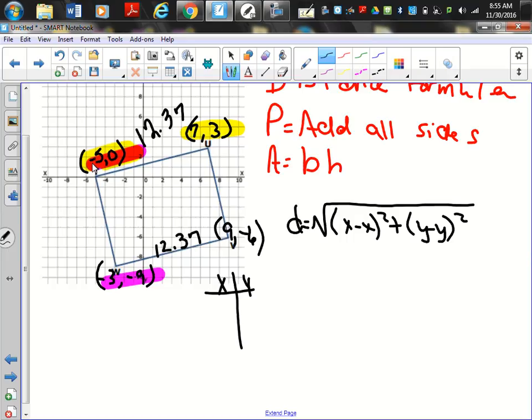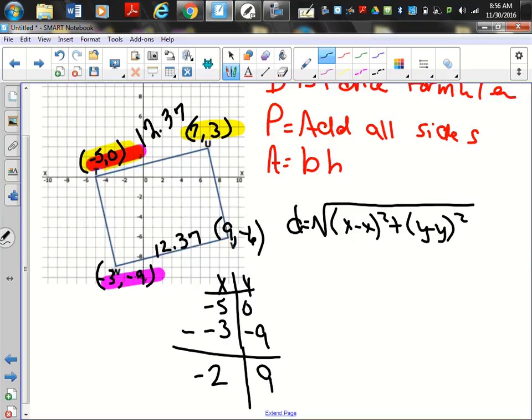What sign do I put out here to the side? A minus sign. I'm going to enter it into my calculator exactly like I see it. Negative 5 minus negative 3 is negative 2. 0 minus negative 9 is 9.